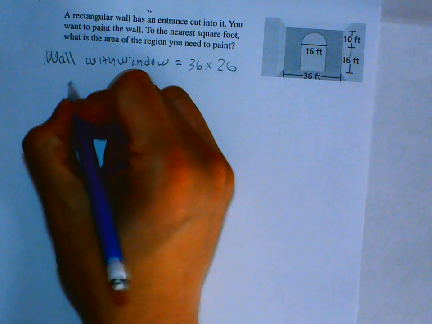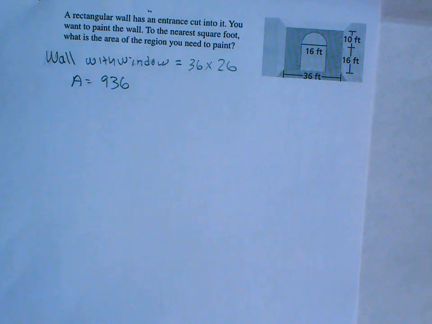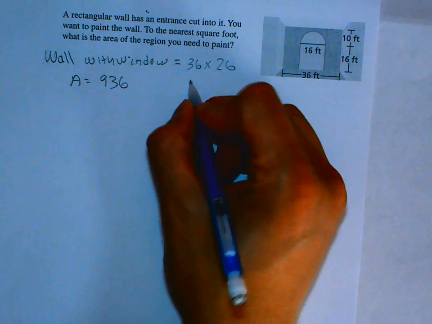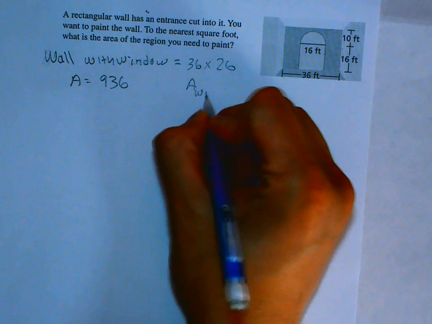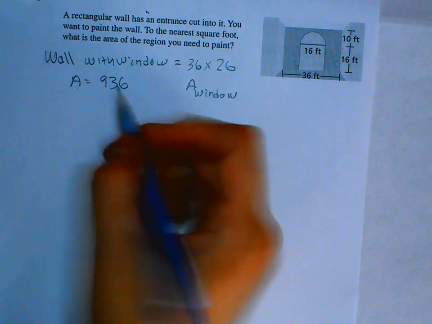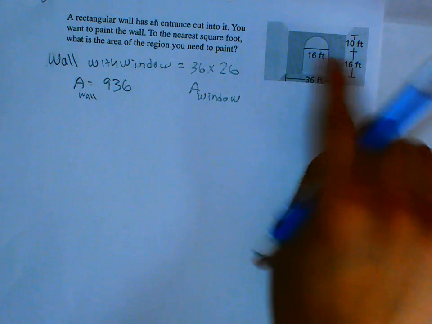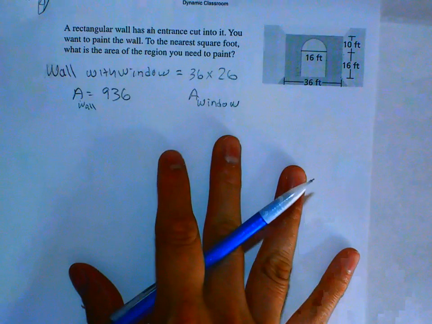Okay, so the area of that is 936, but that is assuming that we're going to paint over the window. So what I need to do is find the area of the window so that I can subtract it from the area of the wall. Area of the wall minus the area of the window is going to give me the area of the surface that I'm going to be painting.